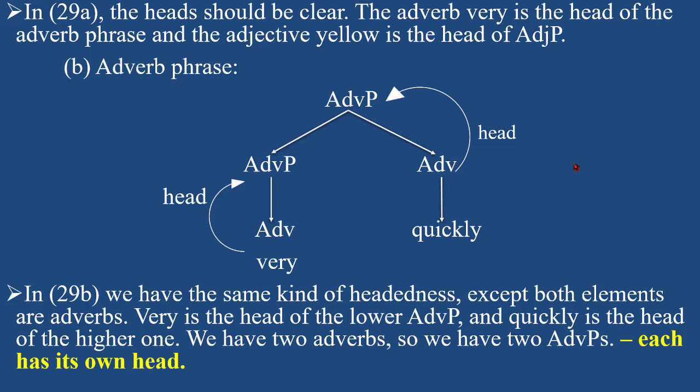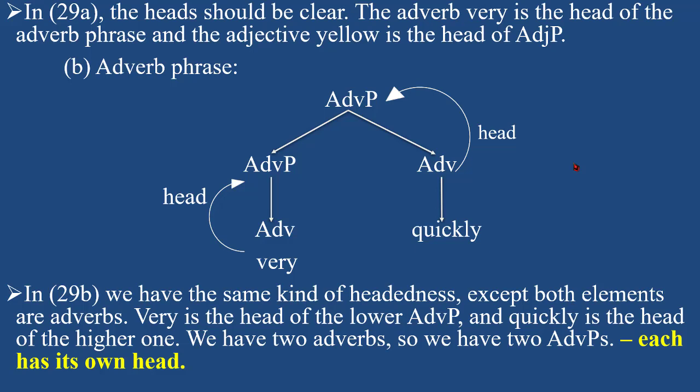The adverb very is the head of the adverb phrase, and the adjective yellow is the head of the whole adjective phrase. Let's go to the adverb phrase, very quickly. The adverb quickly is the head of the whole constituent, very quickly. But very is only the head of the adverb phrase, not of very quickly, just very.